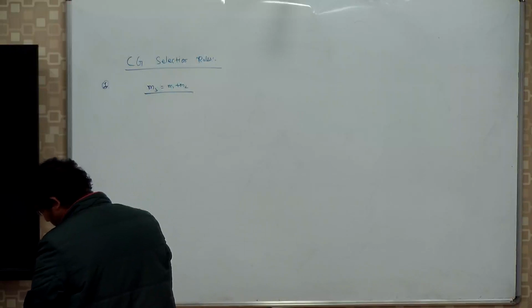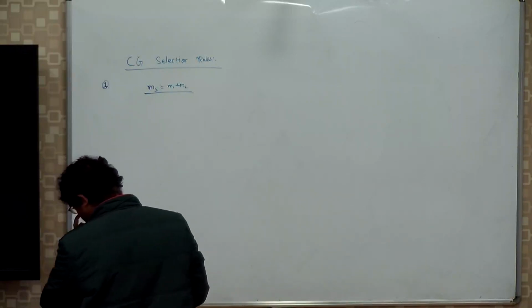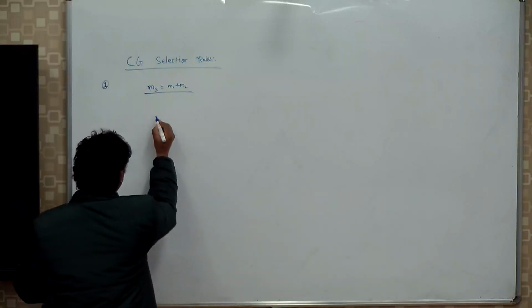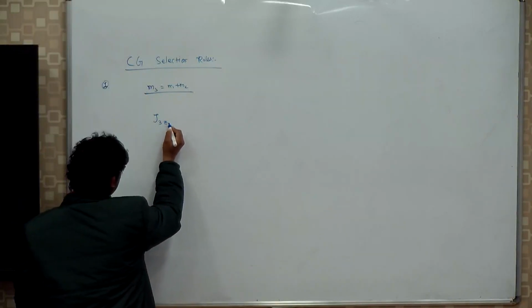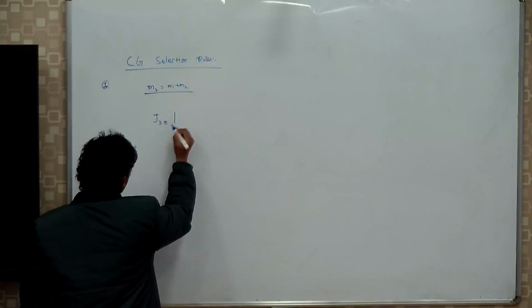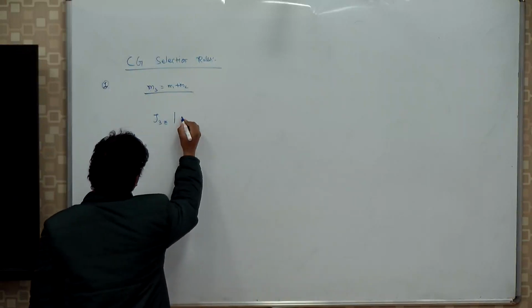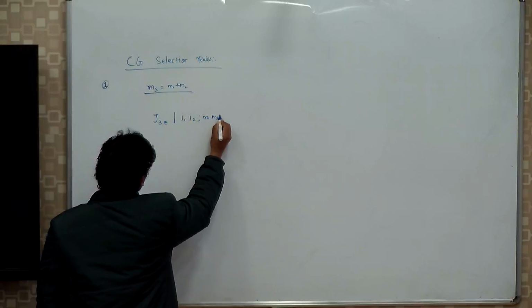For discussing this, you take the uncoupled basis. Suppose J3Z is the operator J3 acting in the Z direction, and you take the uncoupled basis J1, J2, M1, M2.